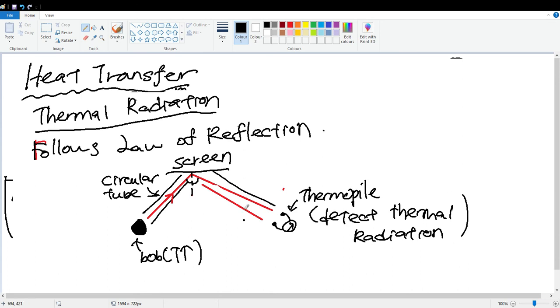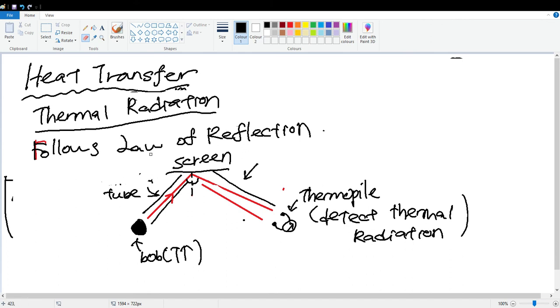So this angle of incidence can actually be varied. This one should not be a circular tube; it should be the cylindrical tube.